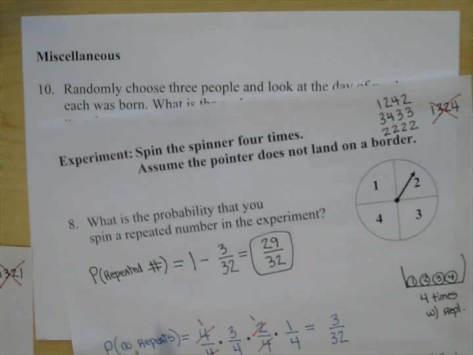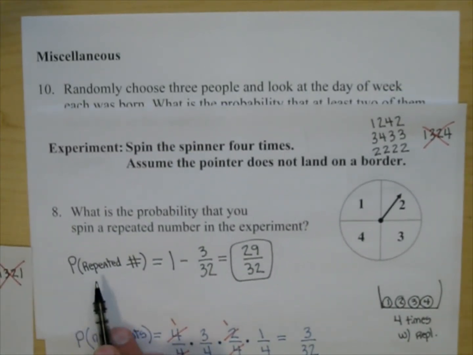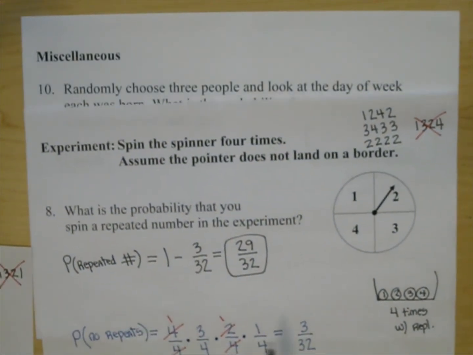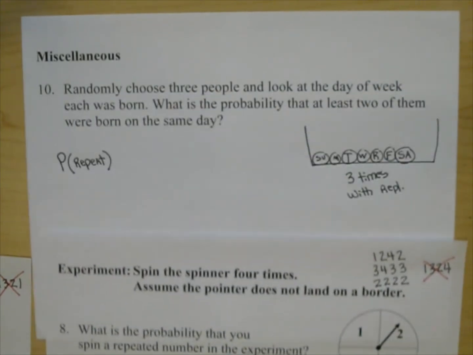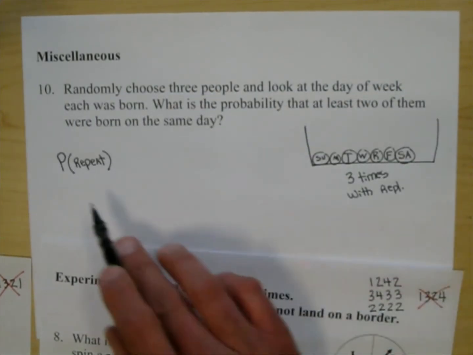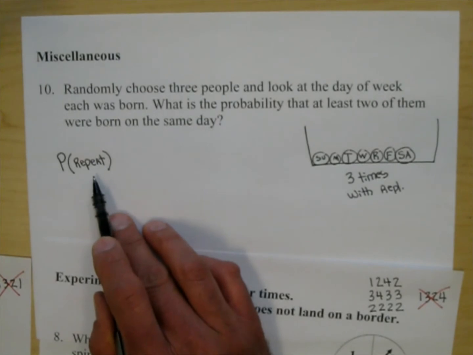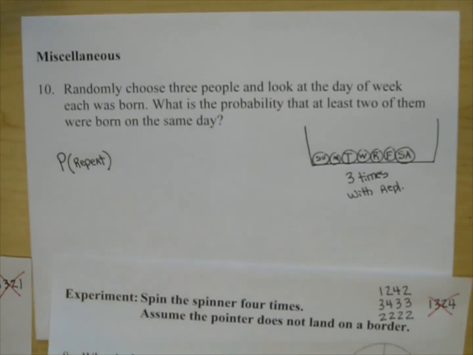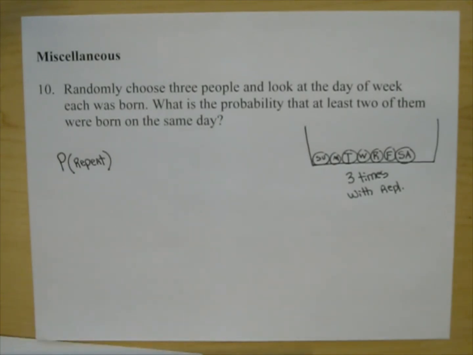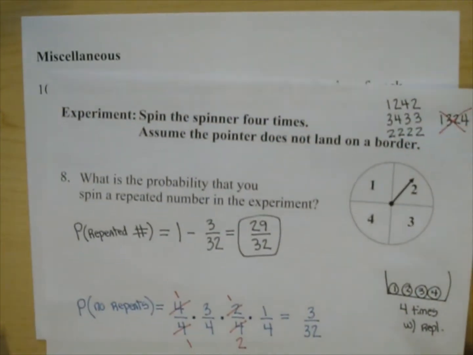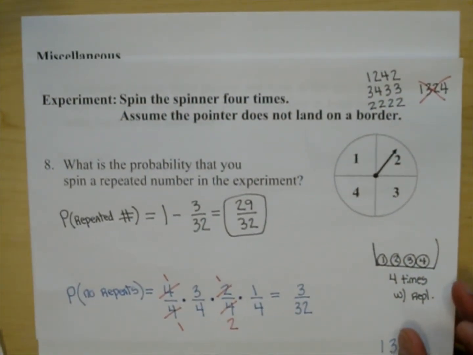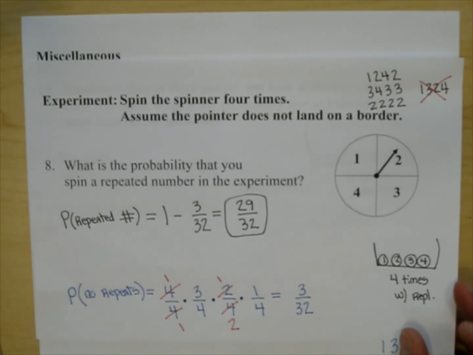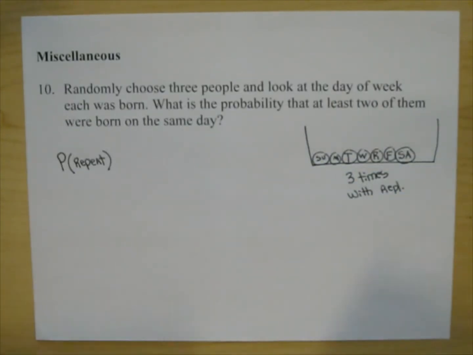But number 8: probability of a repeated number, 4 times with replacement. Notice, 3 times with replacement. I just put repeat, but I could have also said repeated day or repeated marble. So this one's going to be like problem number 8. The numbers are a little different, but it's kind of the same theory.